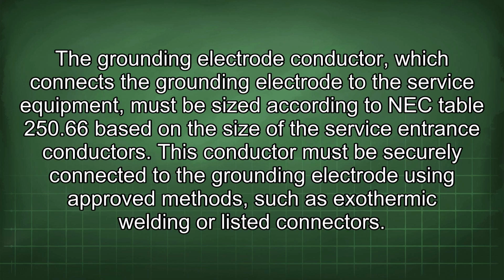The grounding electrode conductor, which connects the grounding electrode to the service equipment, must be sized according to NEC Table 250.66 based on the size of the service entrance conductors. This conductor must be securely connected to the grounding electrode using approved methods, such as exothermic welding or listed connectors.